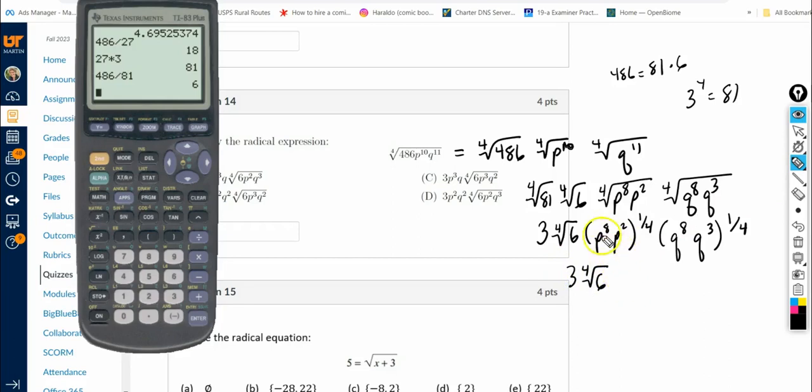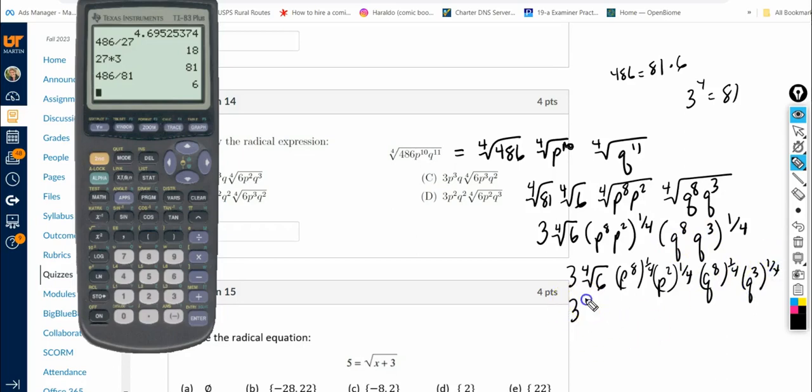So this will be p to the 8th to the 1/4 times p squared to the 1/4, then times q to the 8th to the 1/4, then times q cubed to the 1/4.